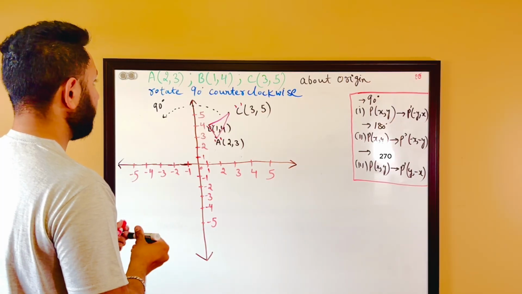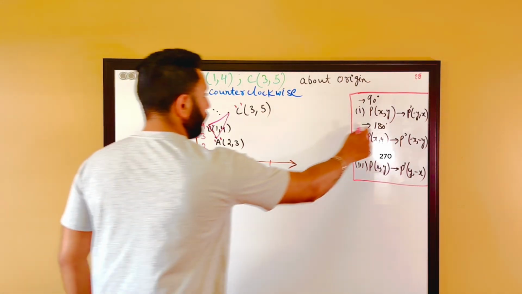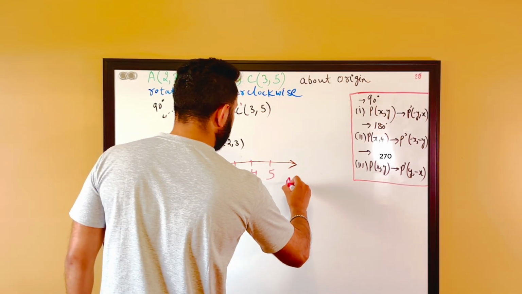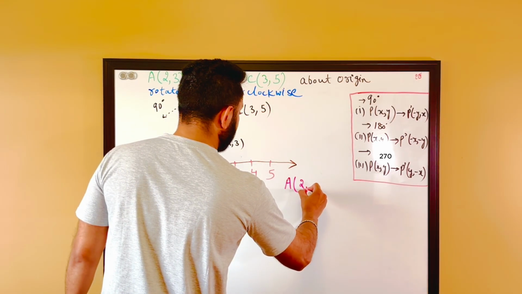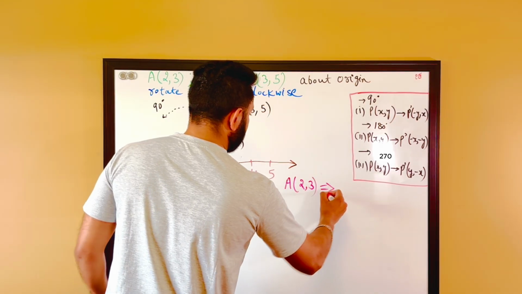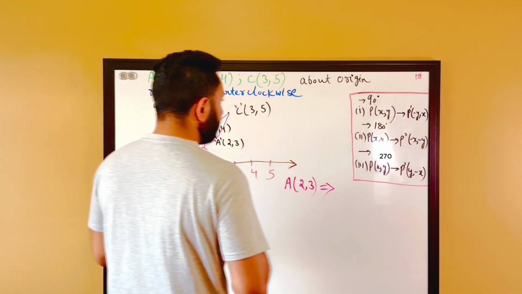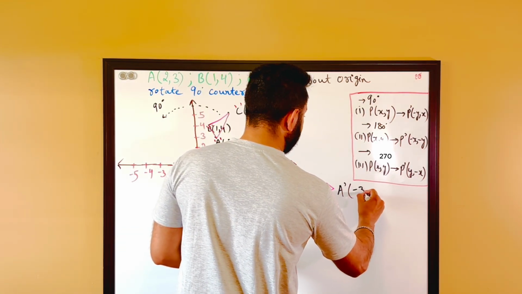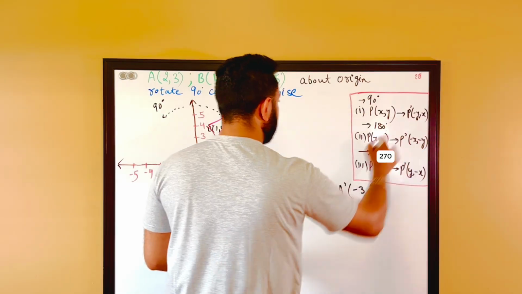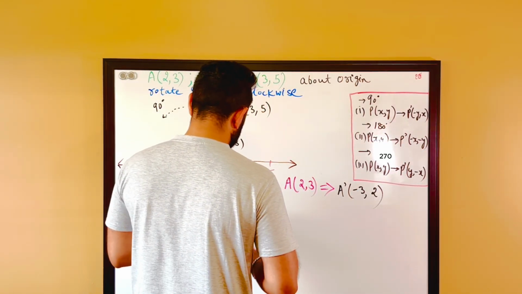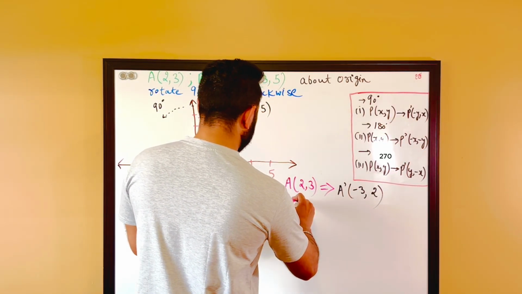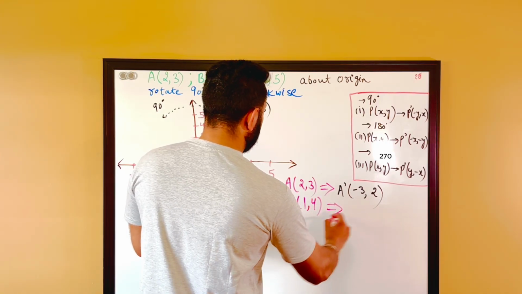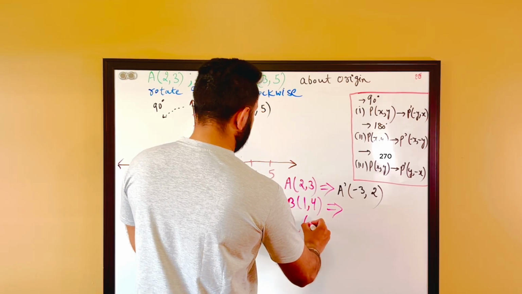So first of all, we can apply this rule, 90-degree counterclockwise. So A is (2, 3), so the new coordinates will be (-3, 2) as per the rule, and B is (1, 4) and C is (3, 5).